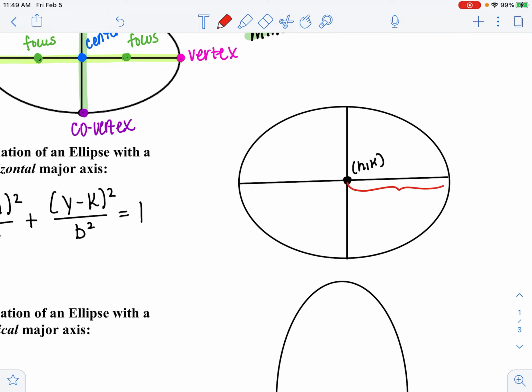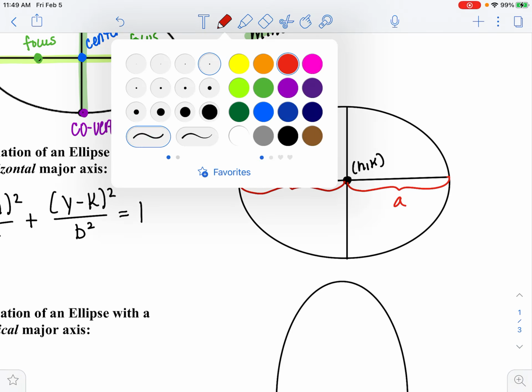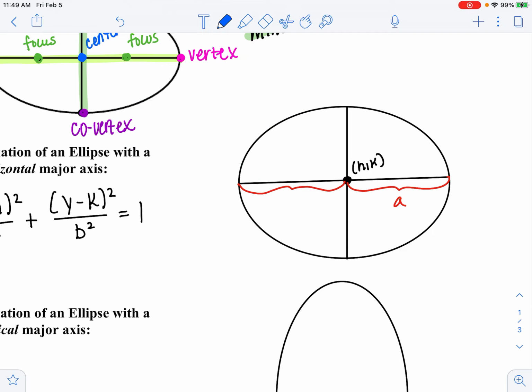So from here to here, this distance is A. This distance is also A. The distance from the center to a co-vertex is B. So this distance right here is B, and this distance is also B.